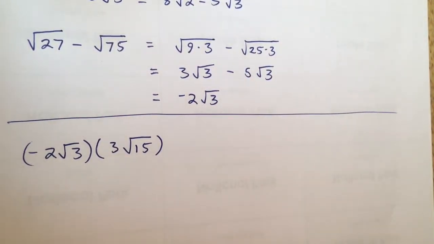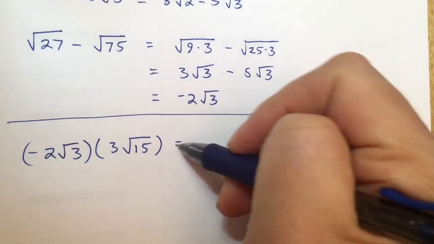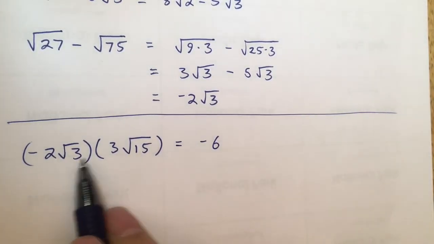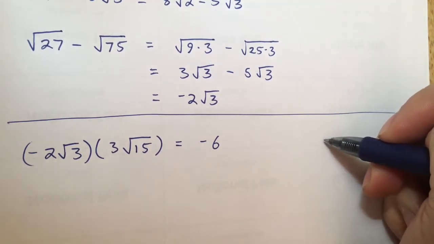How does multiplication work? Well, I think it is a little bit more straightforward than adding and subtracting because when you multiply, you don't have to worry about like terms. You just multiply. So I multiply the coefficients together, 2 times 3, that's 6, and I multiply the radicals together. Now remember, we have a rule for multiplying radicals.